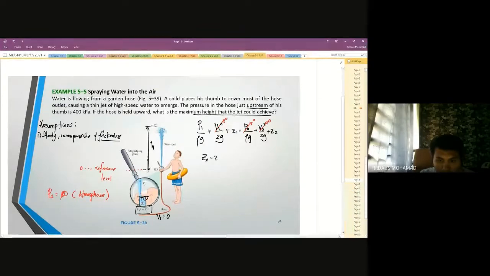Z2 tolak Z1 equal to apa? Z2 equal to P1 over rho g. P1 berapa? 400 kilopascal. Rho ni water, water 1000.